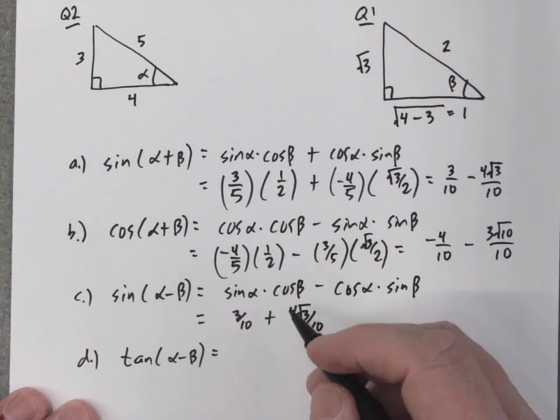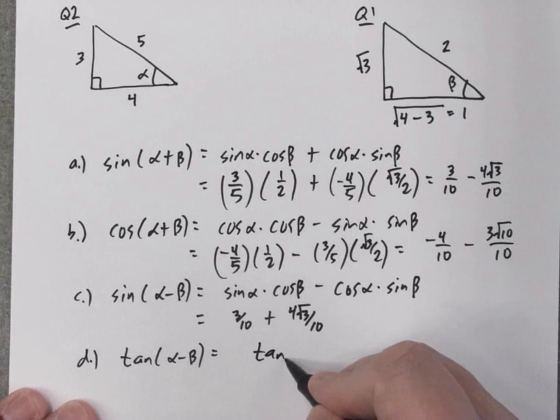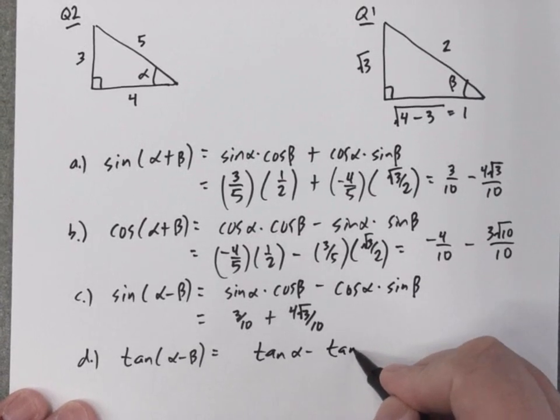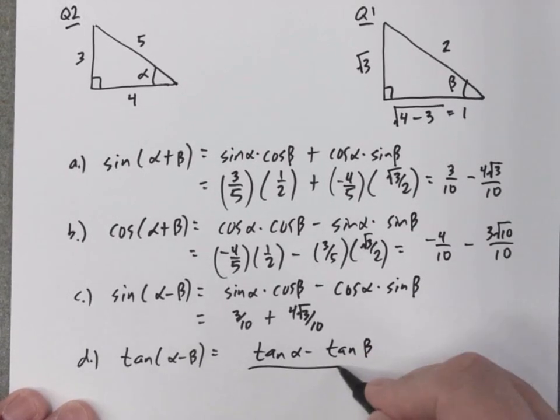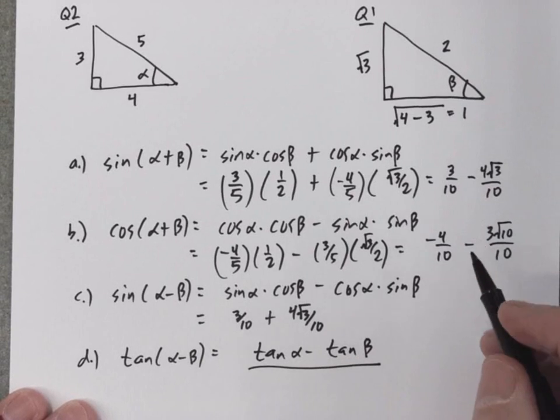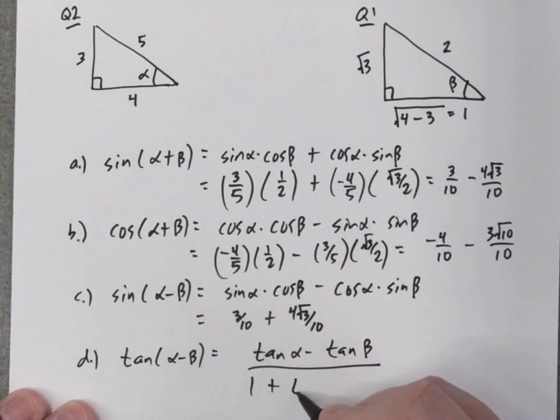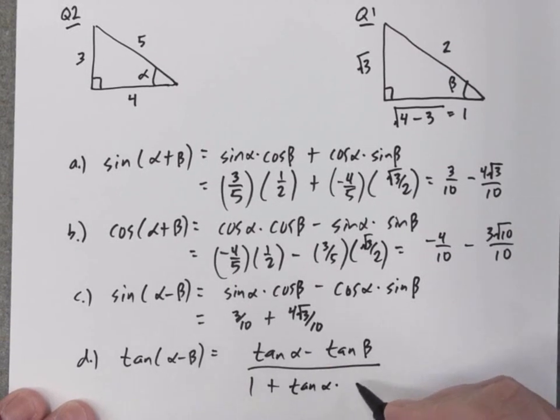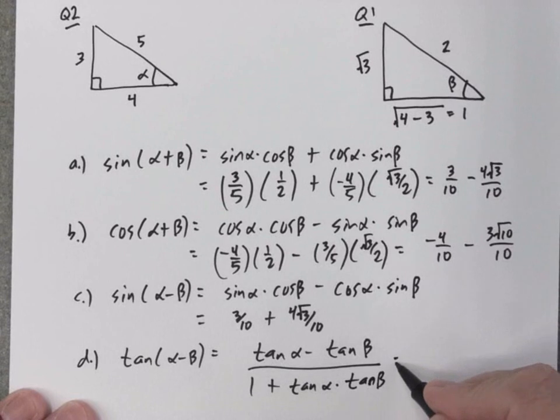So it's going to be tan alpha minus tan beta over 1 plus tan alpha times tan beta.